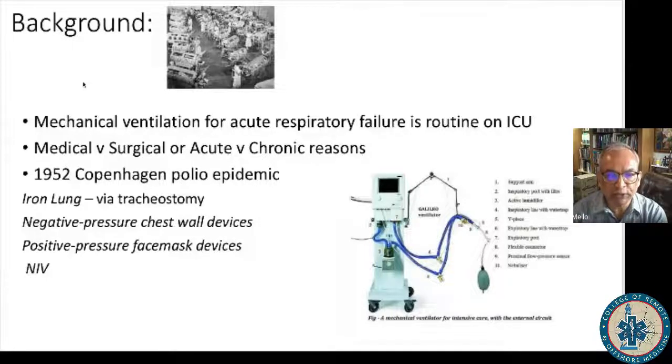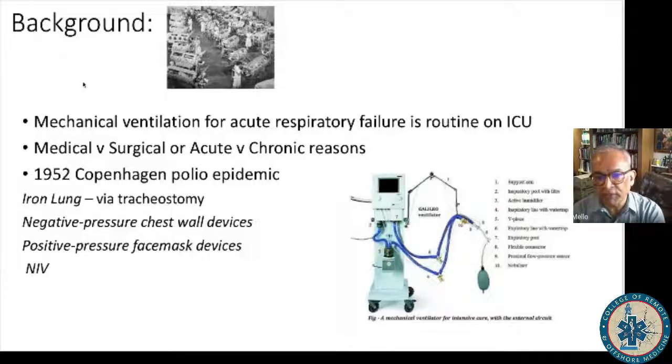And as a result of this epidemic, other ways of ventilating, like negative pressure chest wall devices or positive pressure face mask devices, were also developed. So non-invasive ventilation is a way of preventing the patient from being intubated and going on to conventional ventilation.